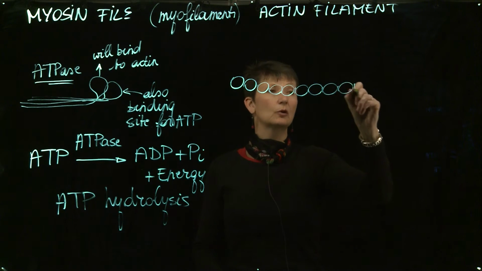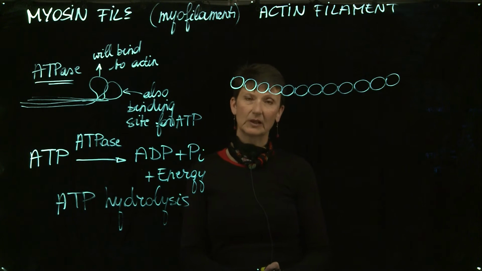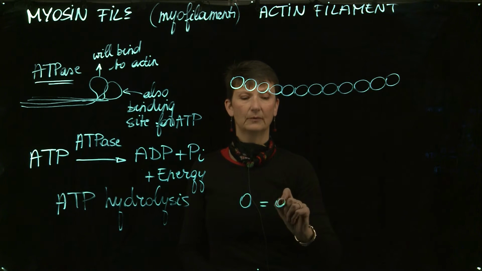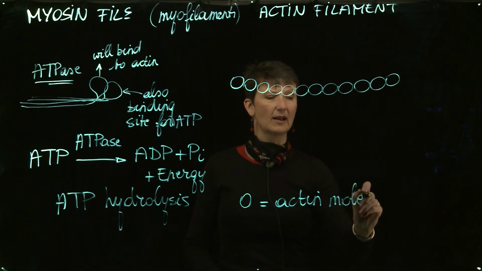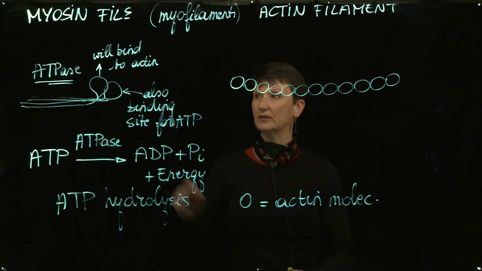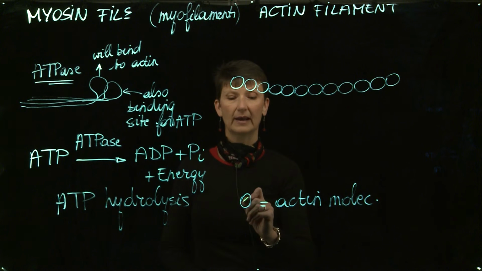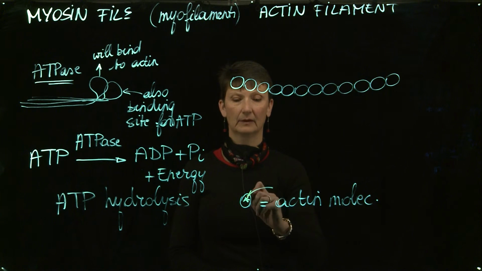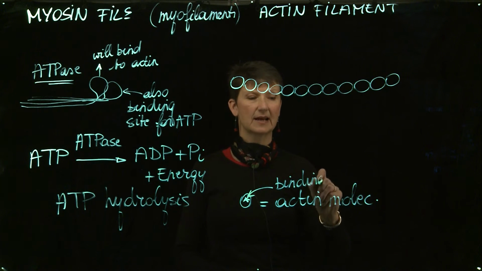the most important or the most common protein found in a thin filament or actin filament is our actin molecules. And it's these actin molecules to which these heads of the thick filaments bind. And so therefore they have a binding site for the heads. Sometimes we call that binding site an active site.